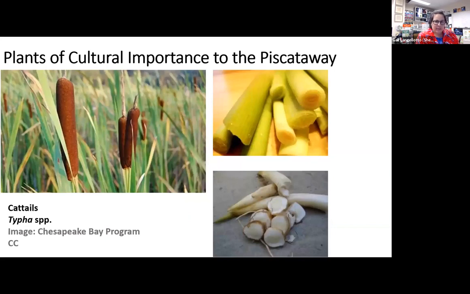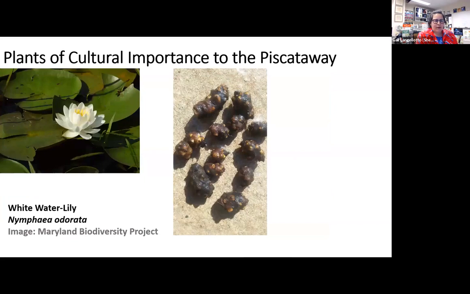In the Piscataway homelands, this includes cattails, several Typha species, where the young stems of cattails can be prepared much the way that asparagus spears are prepared, and the corms of the cattails are also prepared and can be edible, ground into flour, etc. There's also the white water lily, where the young blossoms are edible as well as the tubers of this aquatic marshland plant.